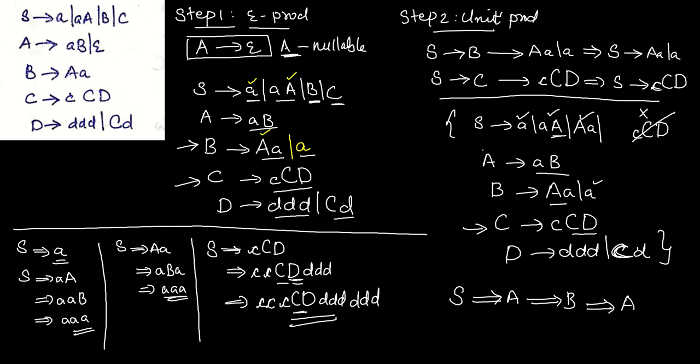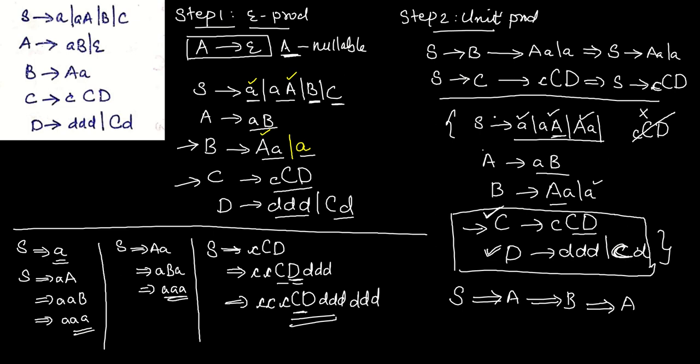There is no way to reach these two variables. C and D won't come in any derivation. If I apply any of these derivations, it will never reach the variables C and D. So we call C and D useless symbols. So we will remove these two productions also. Those symbols are not useful, so their productions are also not useful.